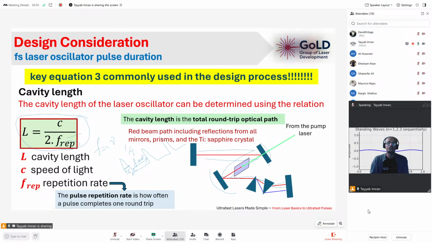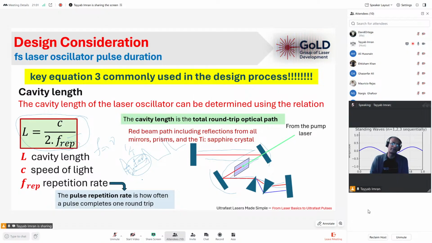If you say it in terms of time, the time difference between the two pulses to appear, you can calculate its frequency, and that is the repetition rate.